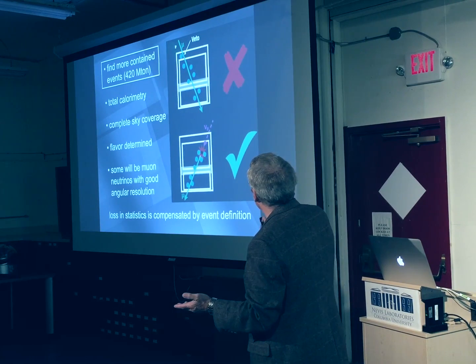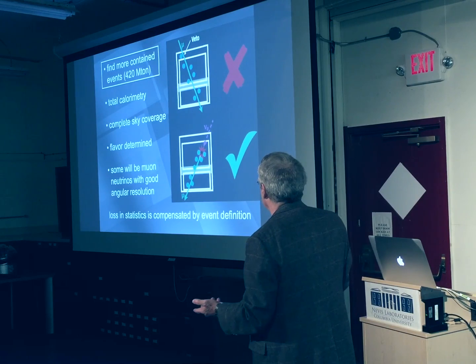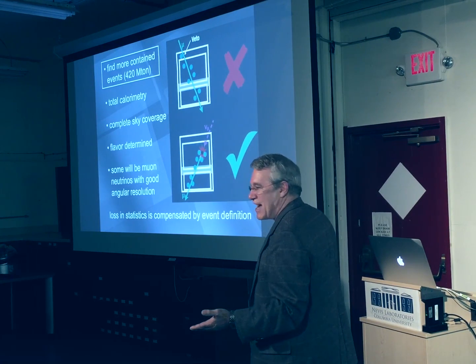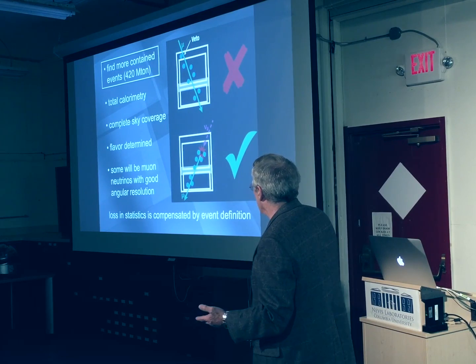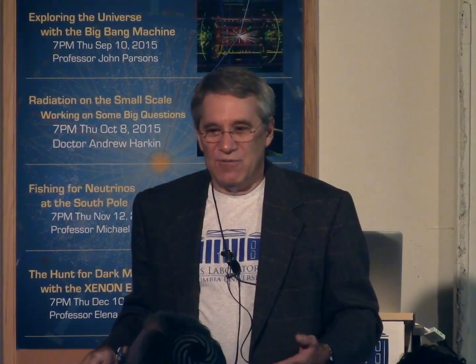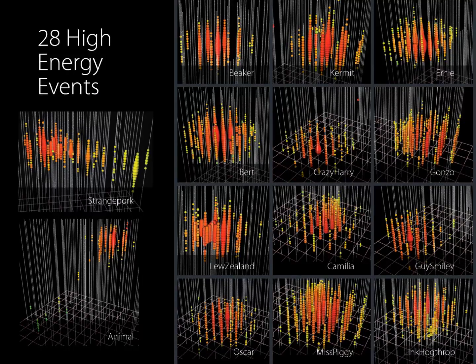If we see any light in the veto, it means that something's coming in. It's not a neutrino. A neutrino would come in and it would interact, and you would see nothing here, okay? So this was a big breakthrough, and when we did this, lo and behold, we got 28 events, okay?